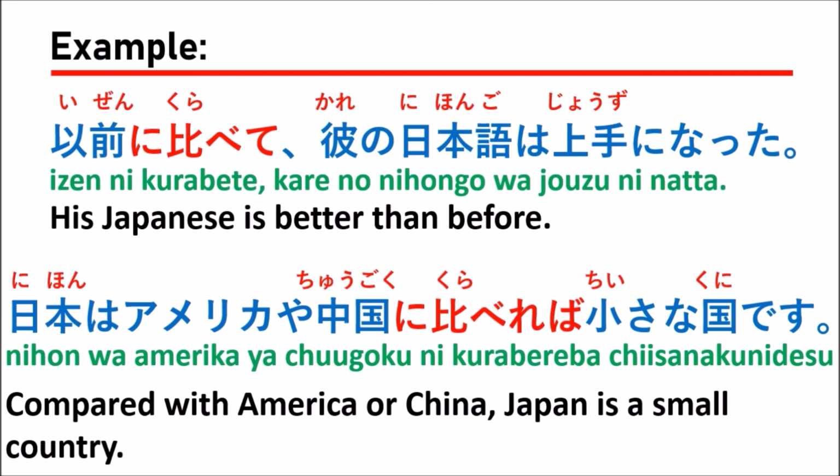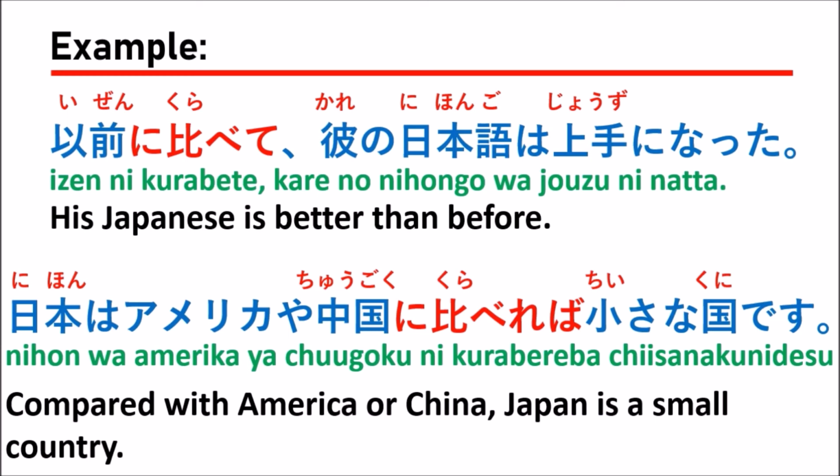But if you translate generally, they don't say "if". If you understand the sentence, that's enough. But when you translate directly, you should know the difference between ni kurabete, ni kuraberu to and ni kurabereba.